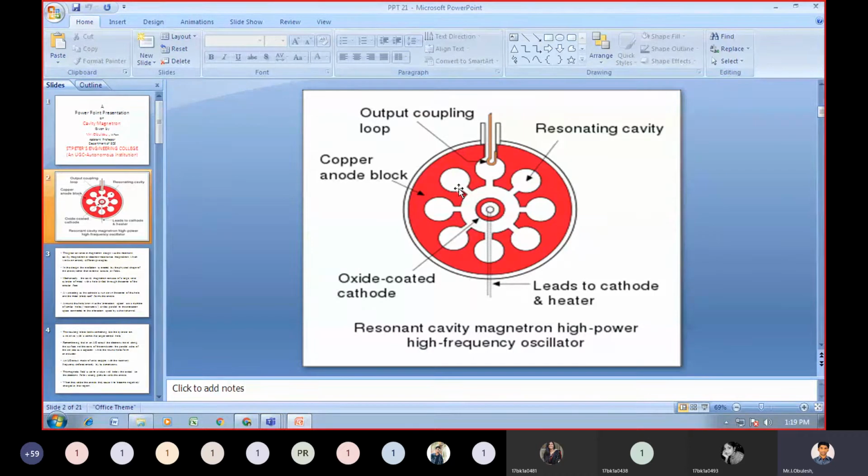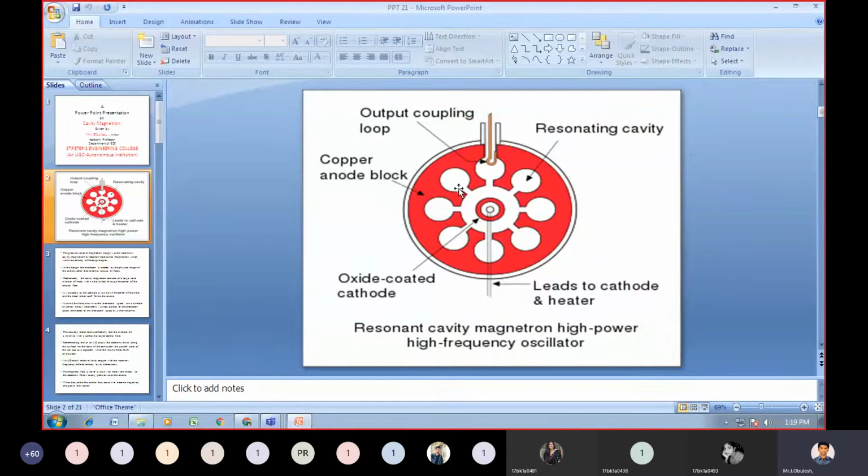You need to remember that earlier models were actually cut using pistol jigs. Remember that in an AC circuit, the electrons travel along the surface, not the core of the conductor.